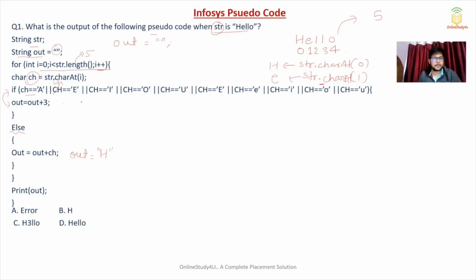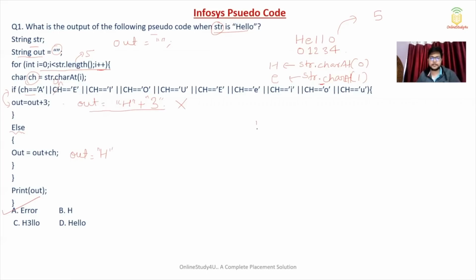So I am saying out is equal to h plus 3. This is not a valid statement because concatenation can only occur between two strings. So it will give me an error. So here option A is correct.